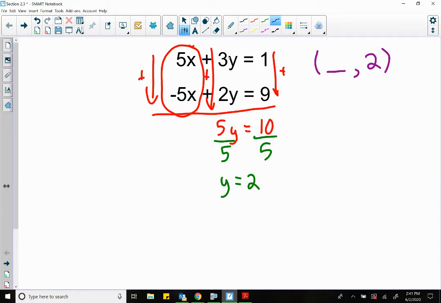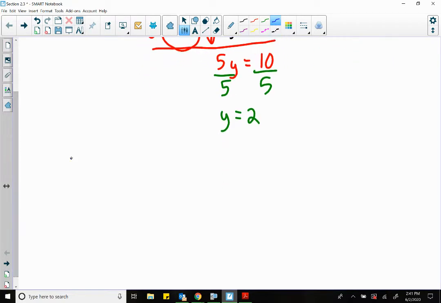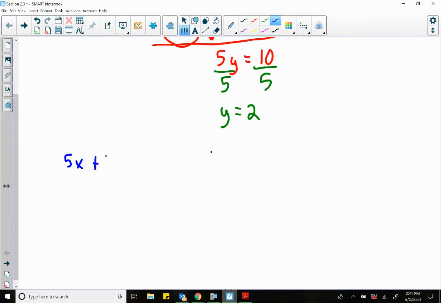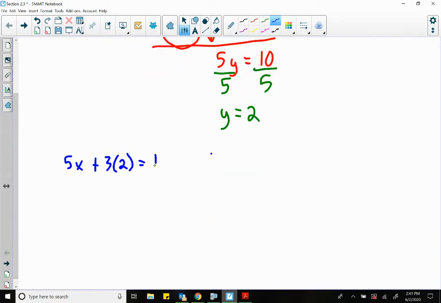So wherever there's a y, I'm going to put the value 2. So we got 5x plus 3 times, there's a y, which is 2, equal to, I think it's 1. Yeah. And we're going to solve. Okay? So 3 times 2 is 6.